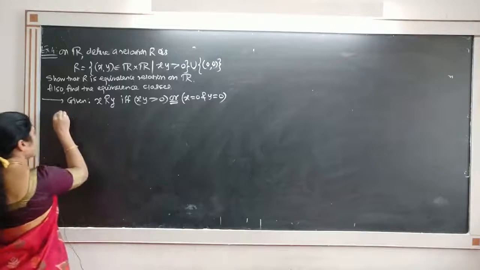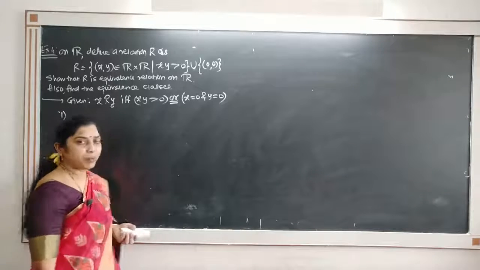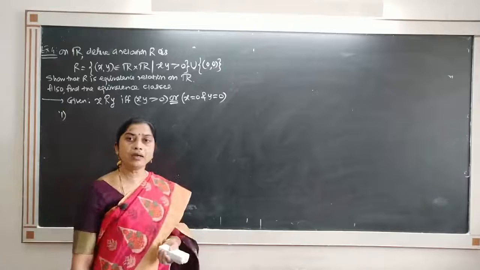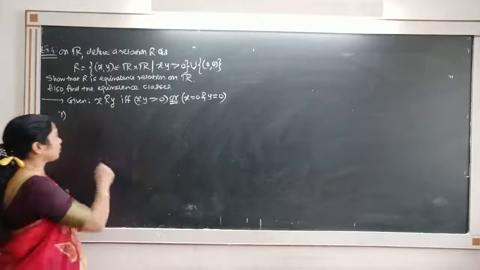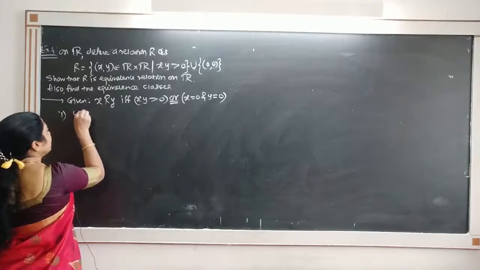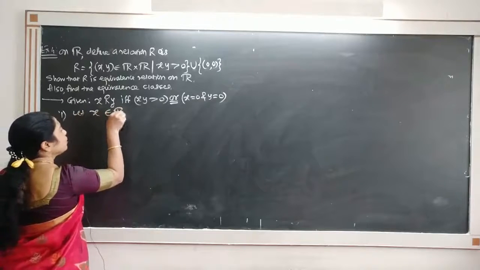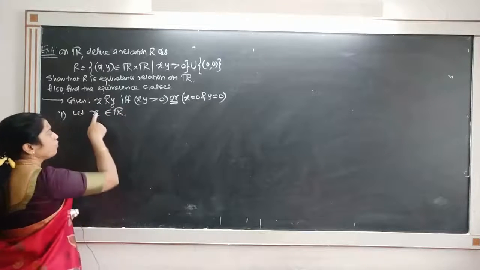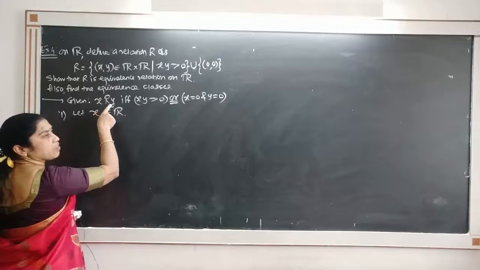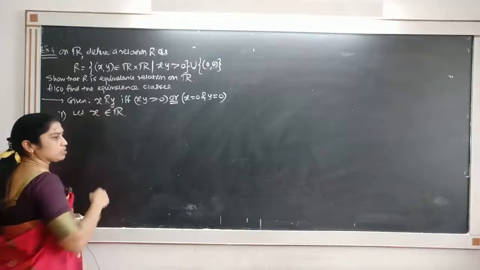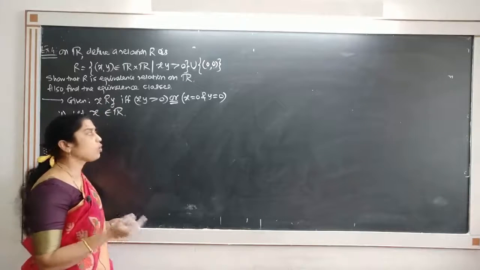You want to prove that this relation is reflexive, symmetric and transitive. The first one: let us start with any real number x in R. We want to check whether x is related with x. There are two cases, either x is 0 or not equal to 0.